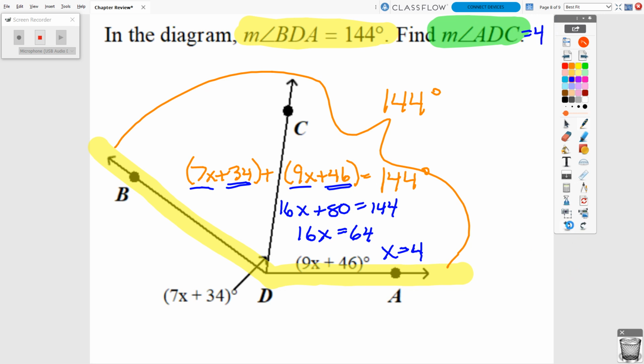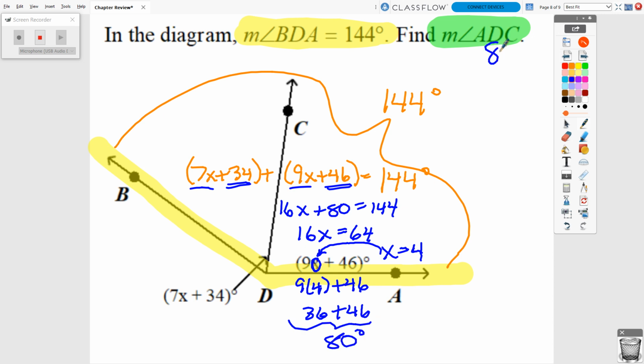No, that meant that x had a value of 4. So we need to go plug that x equals 4 into the value of x here. So then 9 times 4 plus 46, so this is 36 plus 46 gives us 80 degrees. And there's the actual measure of angle ADC, which also means, just kind of a little secondary problem here, that the other angle must be, what, 64 degrees.